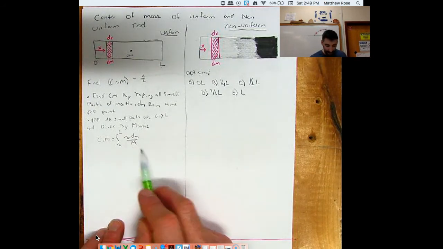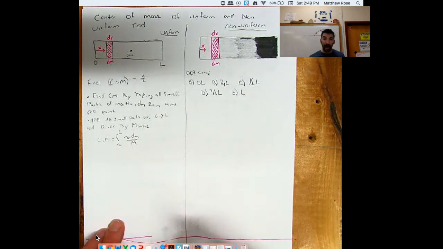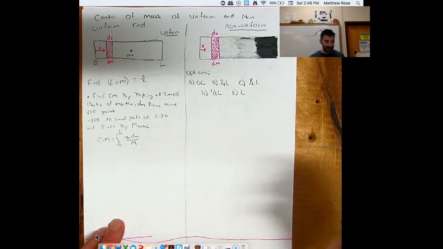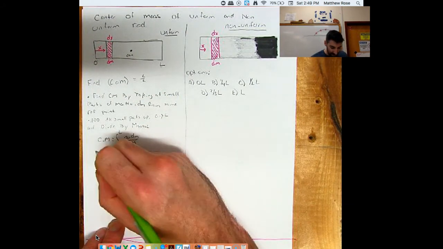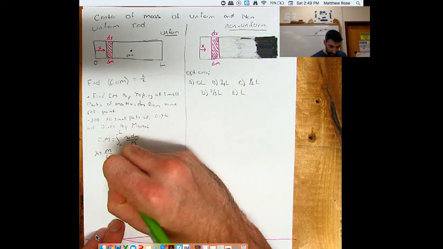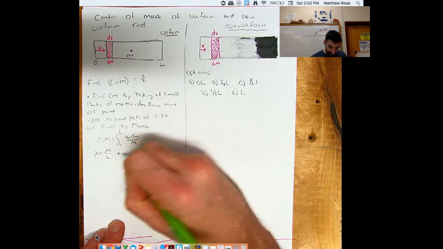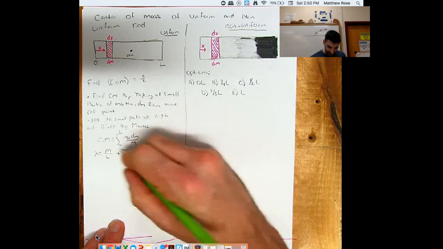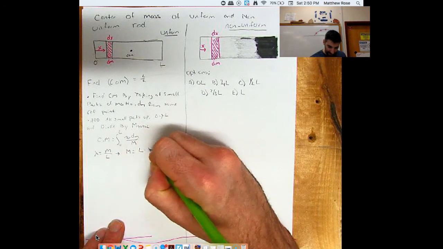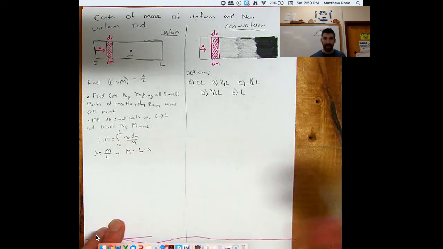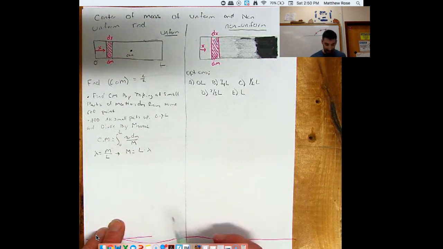Obviously I can pull out that M, and I'm going to use that little trick that we were talking about earlier. I'm going to use what we're going to say is our linear mass density. So I know that lambda is equal to M, that should be capital M, over L, which means I can say M is equal to lambda times L. So I'm going to use that in some fashion here to make myself something simpler.